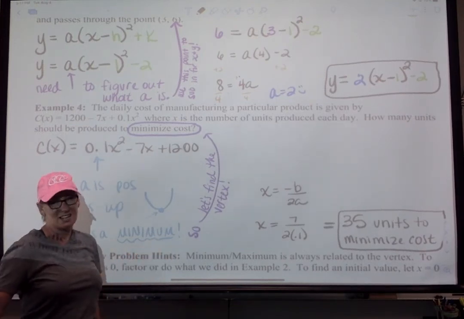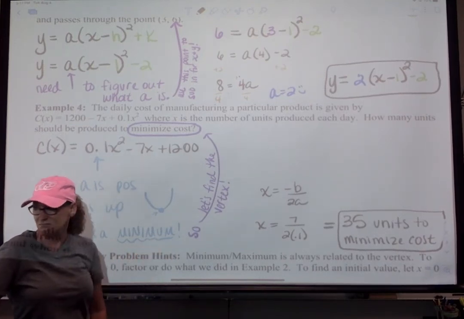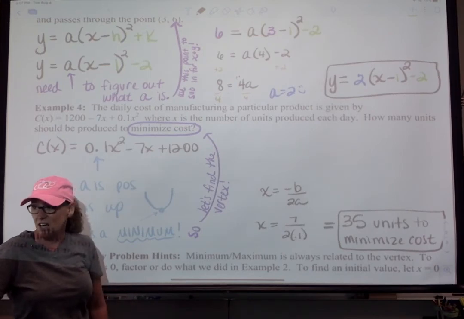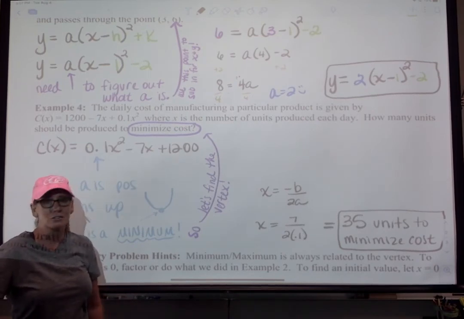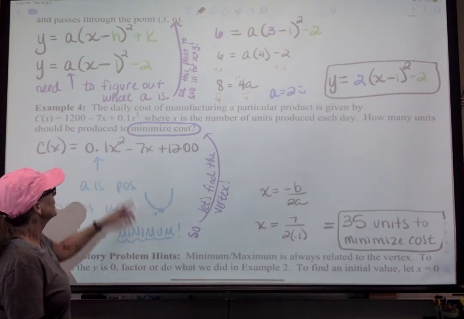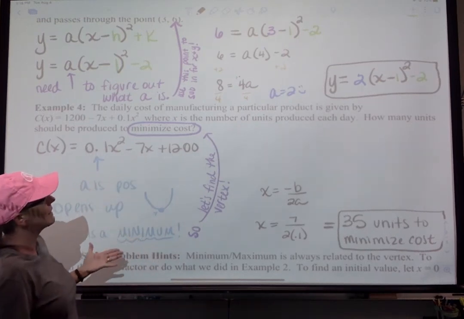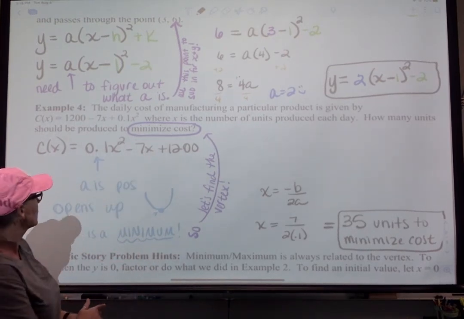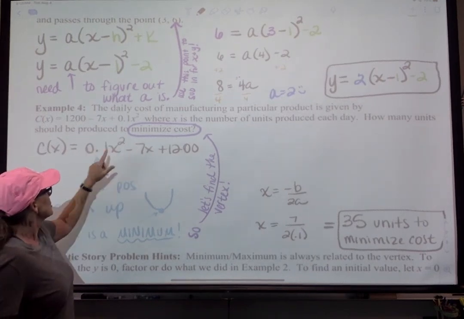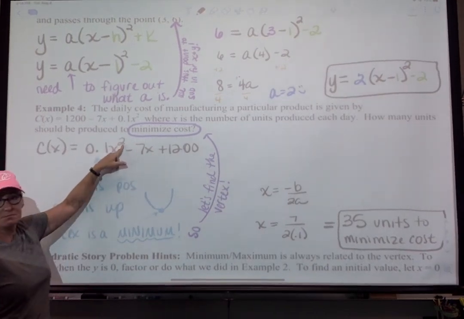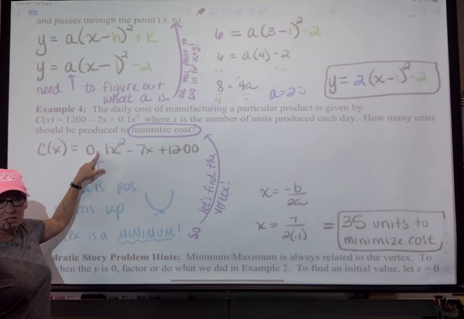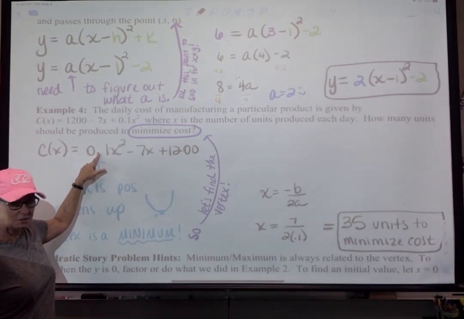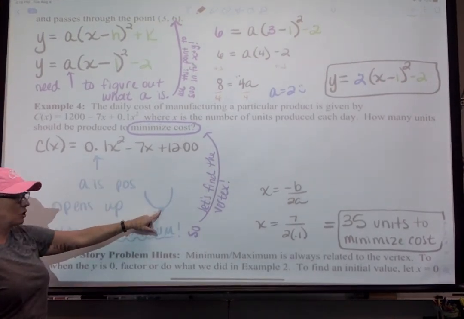If we're making, I don't know, tires. X would be how many tires we're making each day, okay? So this is the equation. Notice it's quadratic. Notice the leading coefficient is positive. So the parabola opens up.